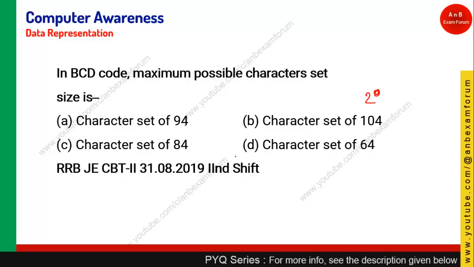So here if you see, 2 power 6 is 64. So this could possibly be a correct answer, but you should know the logic behind this question. Binary coded decimal basically uses 4 digits, and each digit uses 4 bits.